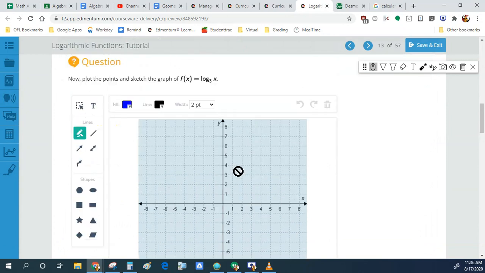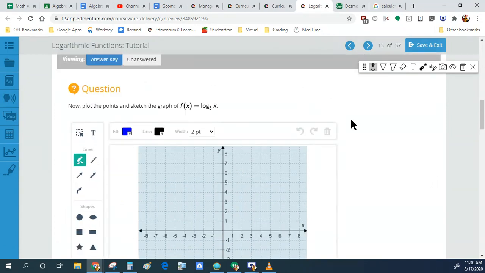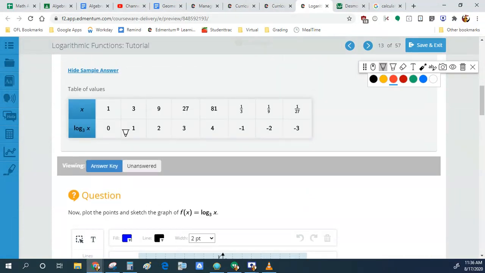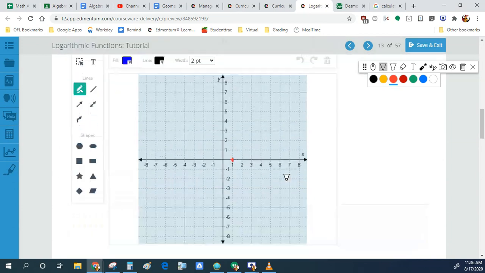All right, and then we're going to graph this. So if we're graphing a log, basically the only thing that changes is we're still going to be here at this 0, 1. And the main difference here is when our x is 3, our y value is 1.